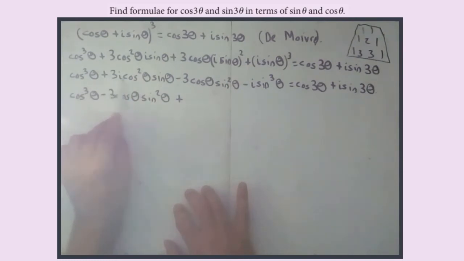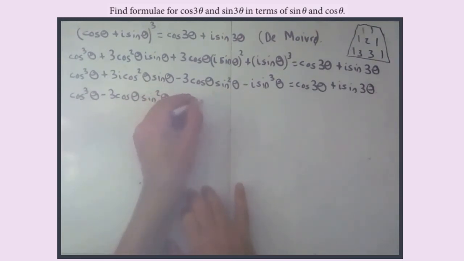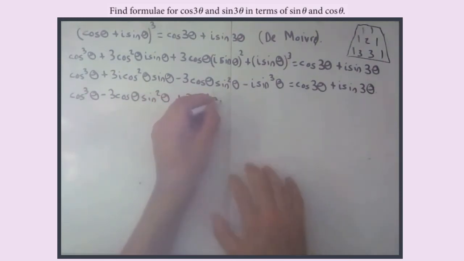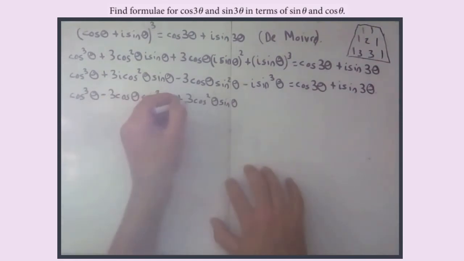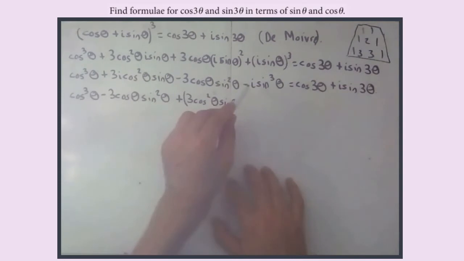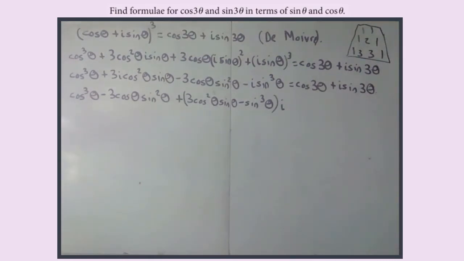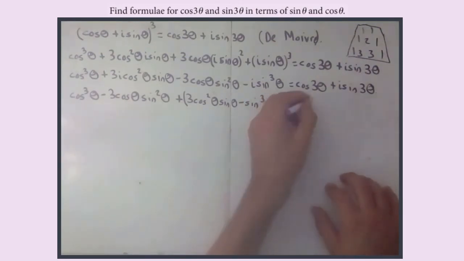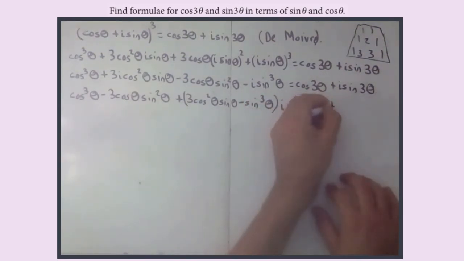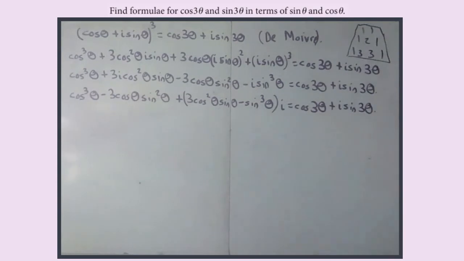Well, you've got 3 cos squared θ sin θ, then you've just got minus sin cubed θ, and you can take a factor of i out of those. So now we've got the real part on the left, plus the imaginary part on the left, equals cos 3θ, the real part on the right, plus the imaginary part on the right, i sin 3θ. So now we've got it exactly where we want it.